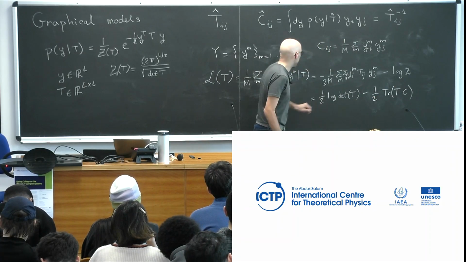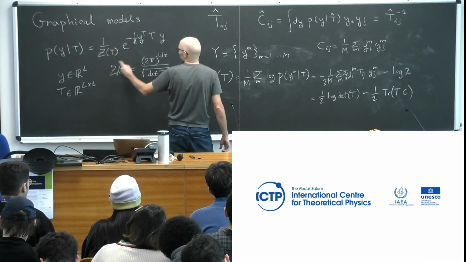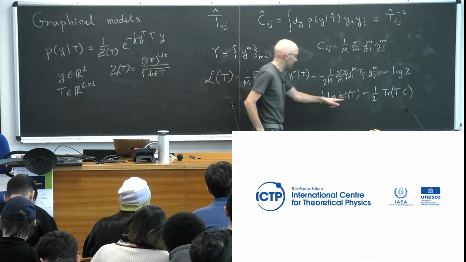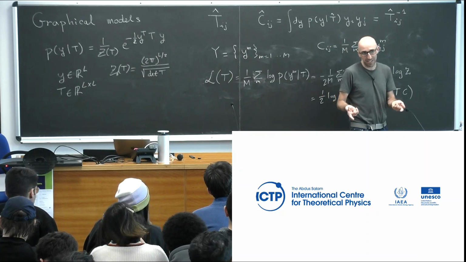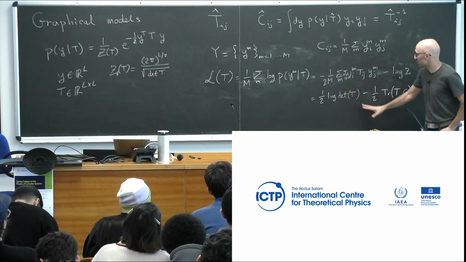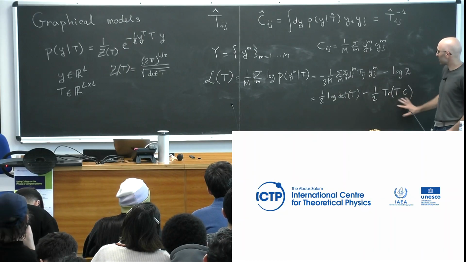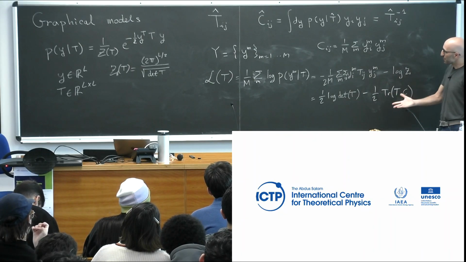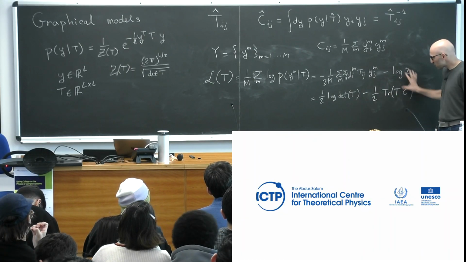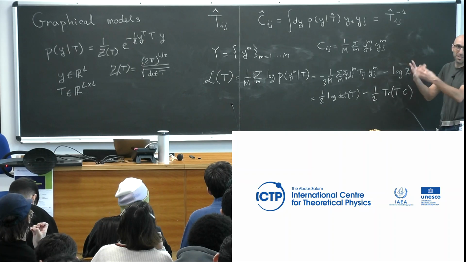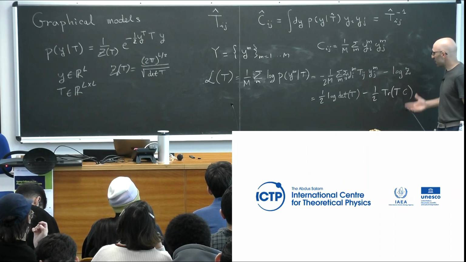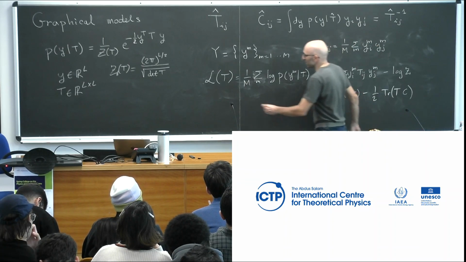And this term is again the logarithm of the partition function. So if you do two derivatives, it will give you a variance. So this will be minus a variance, and so all the second derivatives of the likelihood are going to be negative. So this is a concave function, so it has a unique maximum. And the maximum is obtained by taking the derivative.